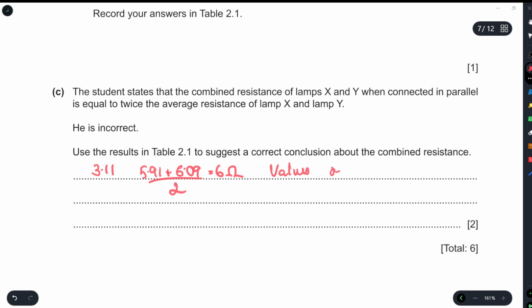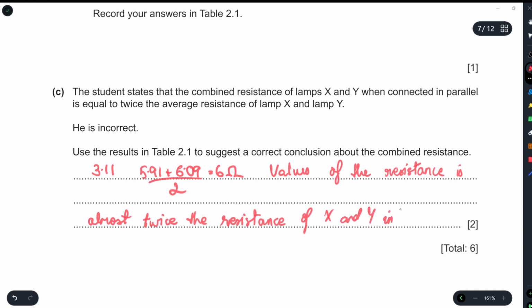Value of the average resistance is almost twice the resistance of x and y in parallel.